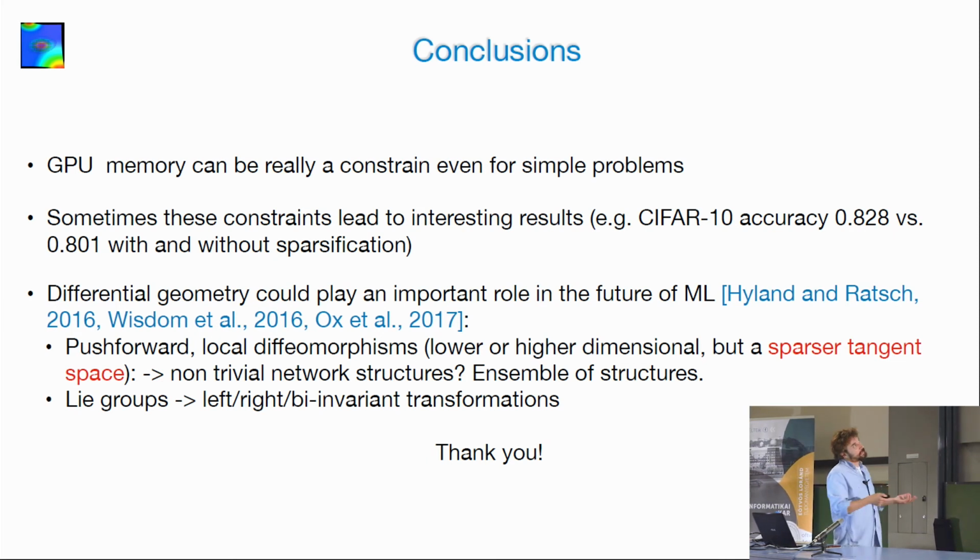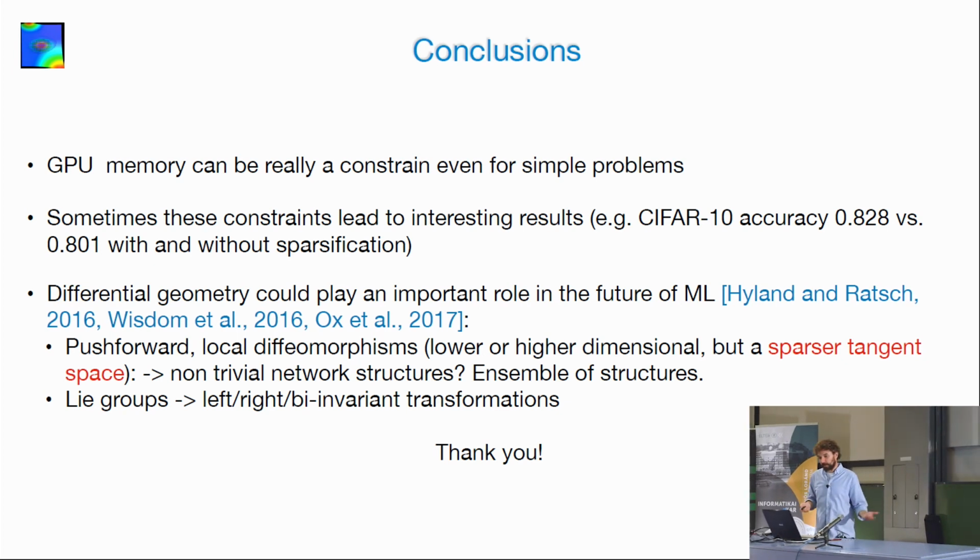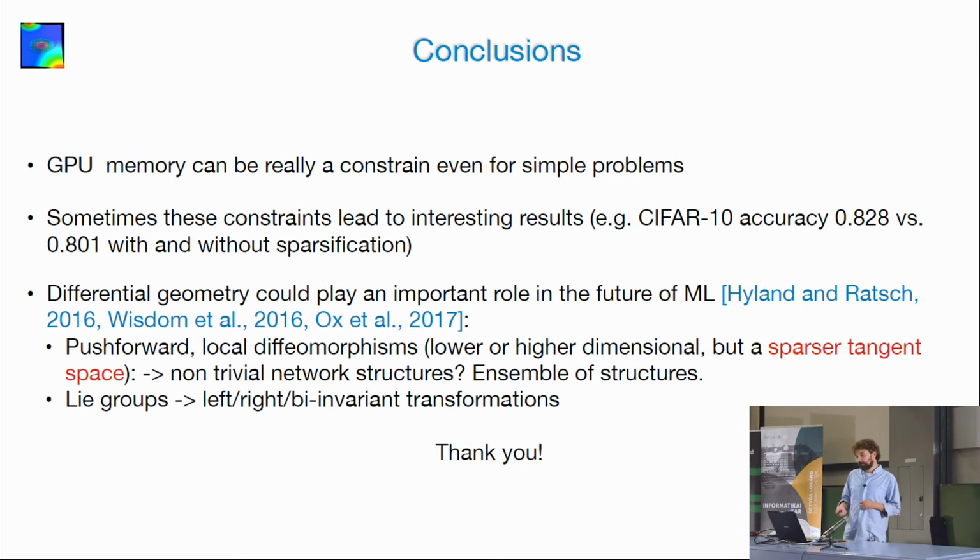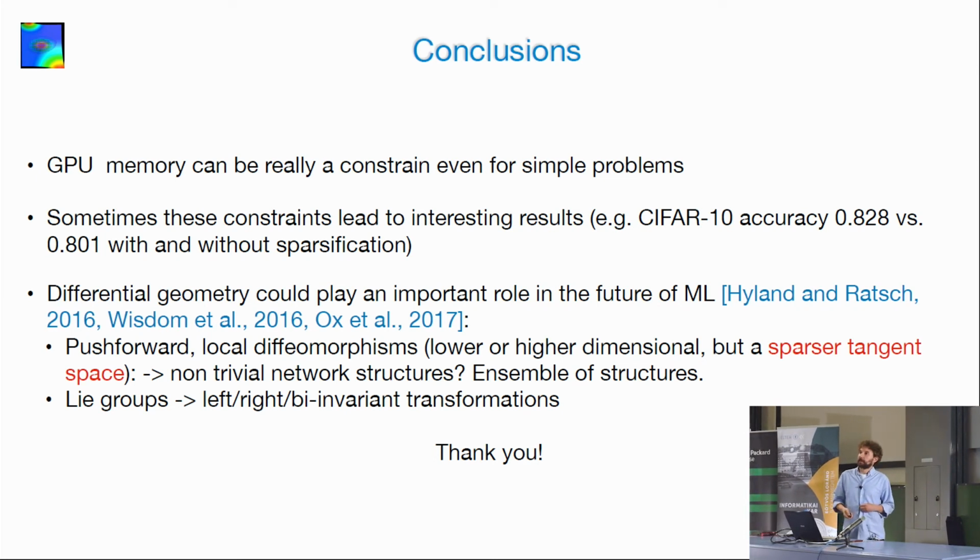So what I think, in the longer run, is that differential geometry should and will play an important role in machine learning. And there are some really interesting new results about it, but it's far away from there. So we don't know how to really utilize this restructure of differential geometry.